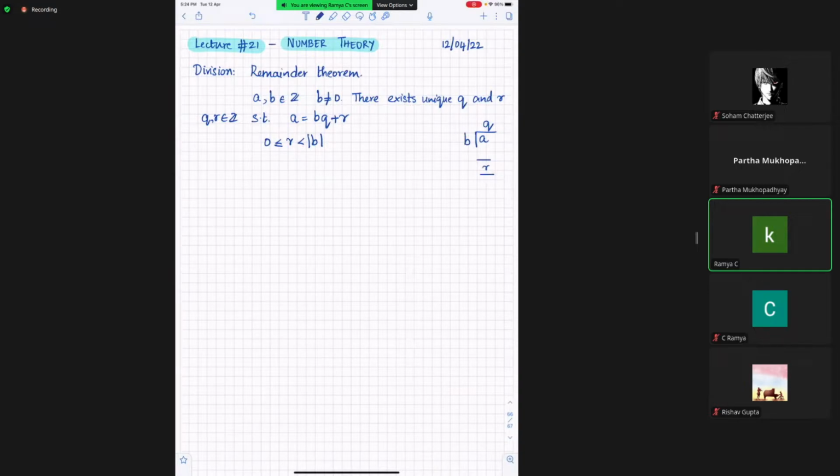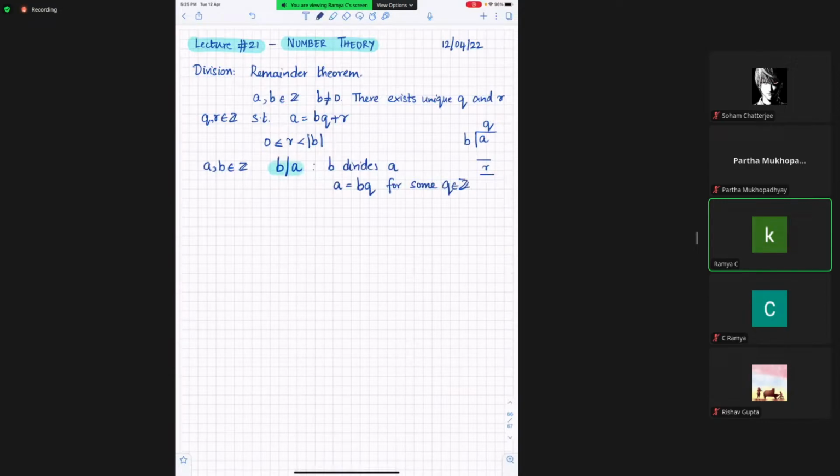Okay. So A and B are two integers, and we will use the notation B divides A. This means that B divides the integer A. In other words, there is no remainder upon division. You can also think about this as A equals BQ for some integer Q. This notation should be clear.